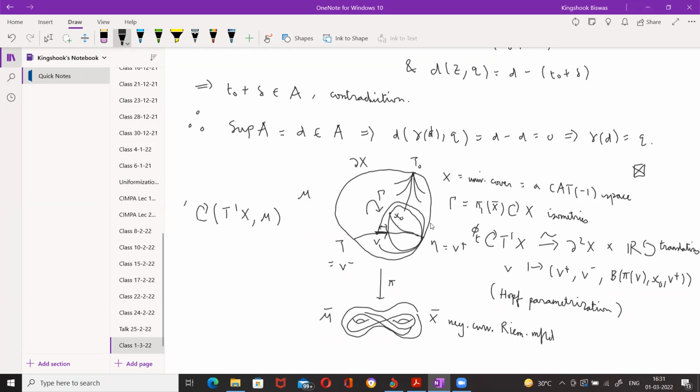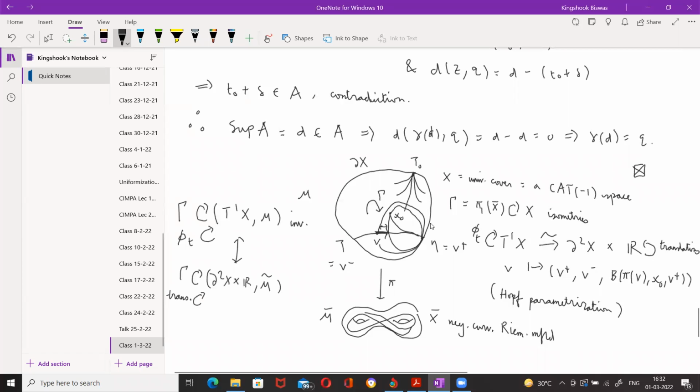Under this parametrization, this is invariant under both gamma and the geodesic flow phi t. What happens is this corresponds to a measure on del 2x cross R. Let me call it mu tilde, which is invariant under gamma and under translations in the R coordinate.